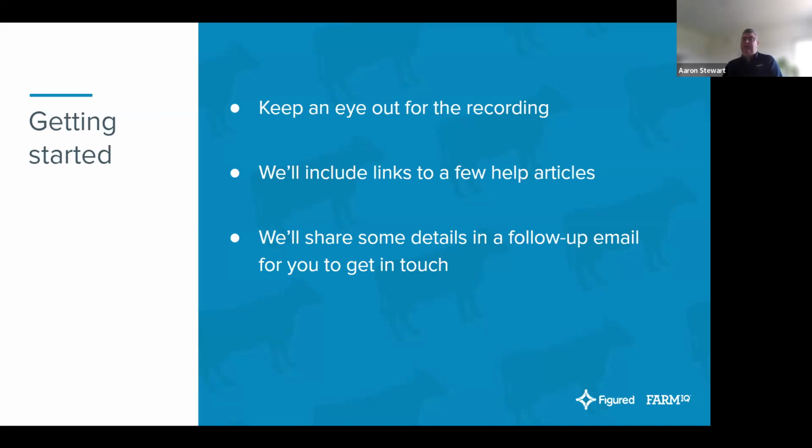Yeah, so any event that you edit or delete in FarmIQ will automatically amend accordingly in Figured as well. So if you find that you've got the wrong number of stock or the wrong type, or it's just plain wrong and you want to delete it, you go into FarmIQ and delete it, and it will be accordingly deleted in Figured.